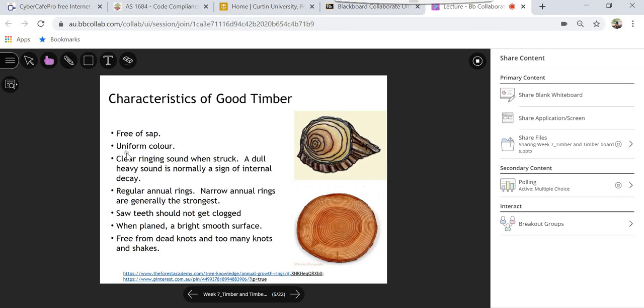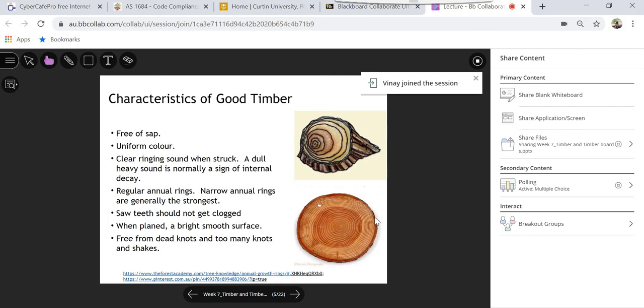Uniform color is a great thing also. And also when you strike two pieces of timber, if you get a ringing sound, it's a good thing. If you hear a dull sound, that's an indication that there is decay inside, which is not good in terms of durability.